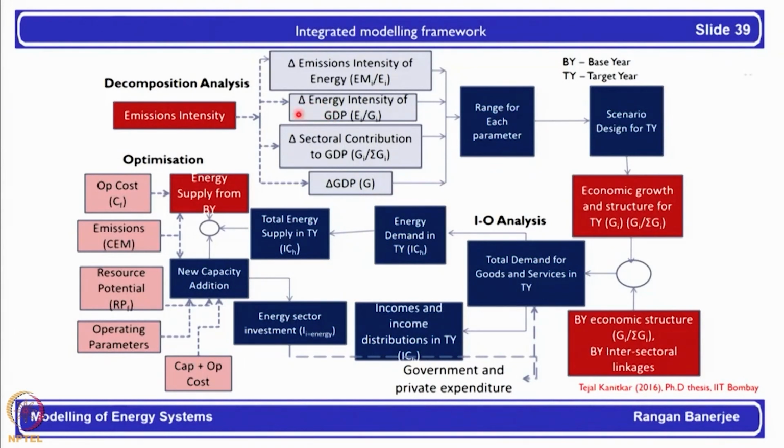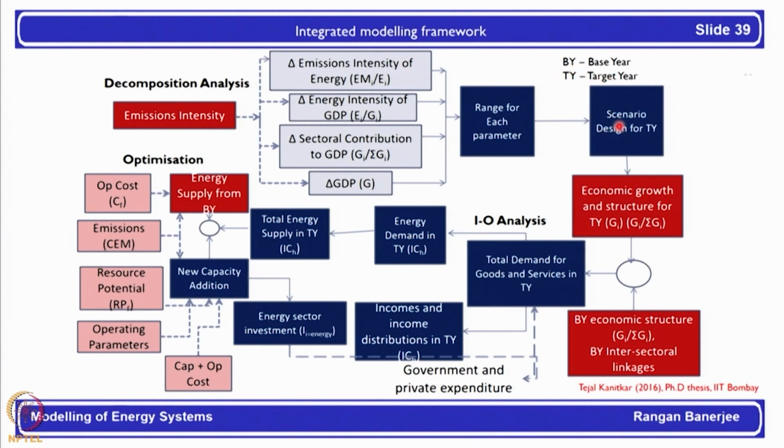The first thing is we did a decomposition analysis to see the breakup of the sectoral contribution and how much of it is due to energy intensity improvements, and then we got ranges for these parameters. This is from the past, and from that we started with a particular base year and then made projections for the target year.